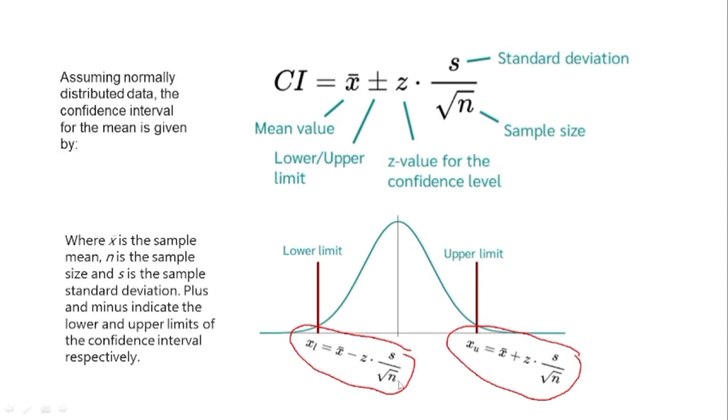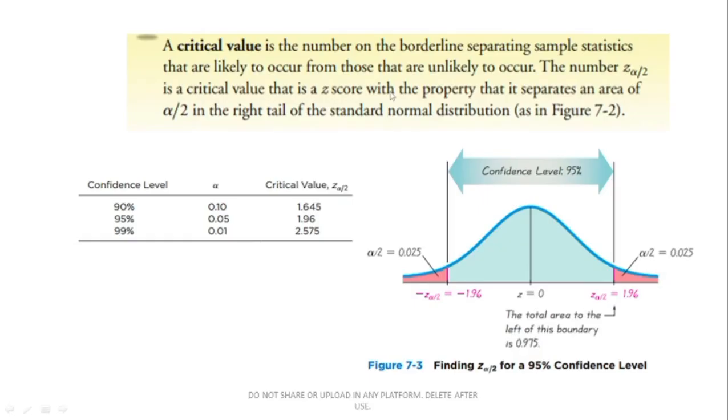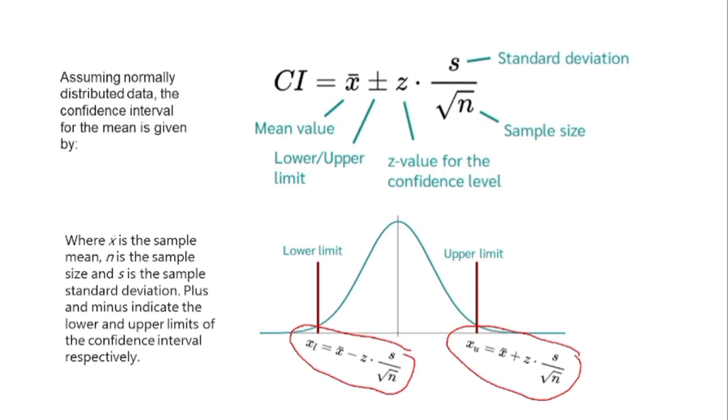Our n here is the total number of samples. X̄ is the sample mean, n is the sample size, and s is the sample standard deviation. Plus and minus indicates the upper and the lower limit of the confidence interval respectively. We are going to use this equation. We will have an example later kung paano natin i-solve yung confidence interval natin.